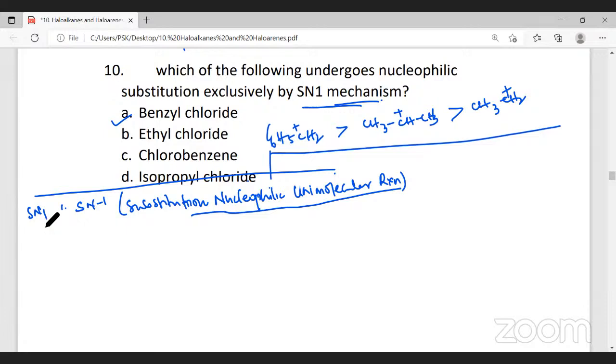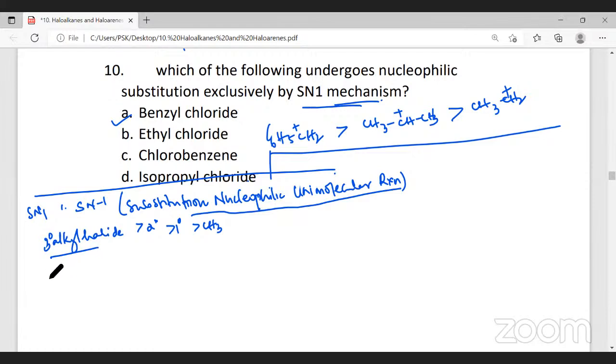SN1 mechanism stands for substitution nucleophilic unimolecular reaction. Now this SN1 mechanism will be undergone by tertiary alkyl halides more easily compared to secondary alkyl halides, compared to primary, compared to methyl. So tertiary alkyl halides will undergo SN1 mechanism more easily compared to the other alkyl halides.